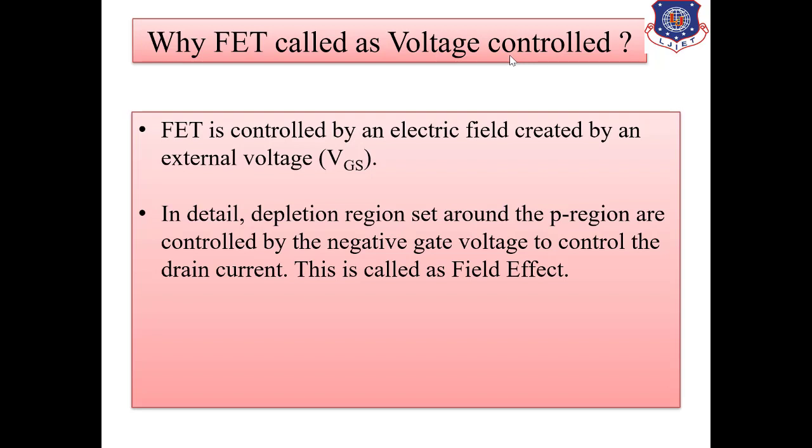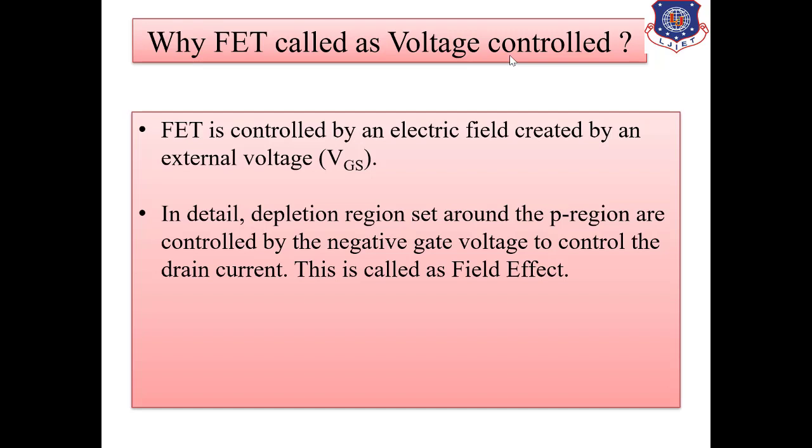Remember that BJT is bipolar junction transistor and output current, that is IC, for example in common emitter configuration, IC is controlled by input current, that is IB.